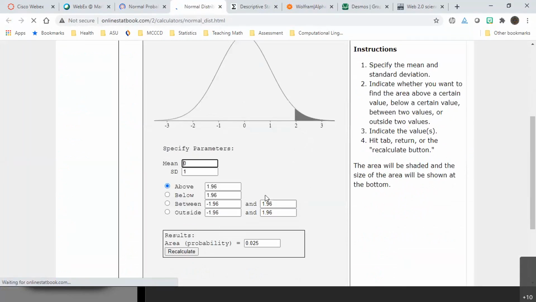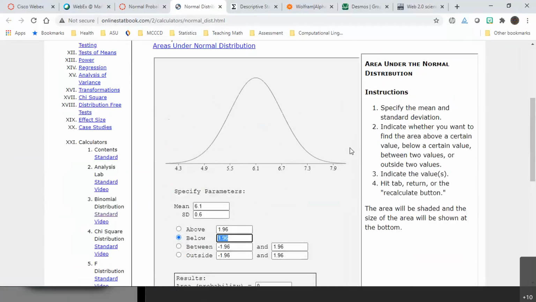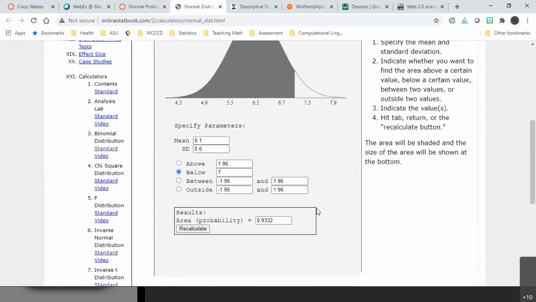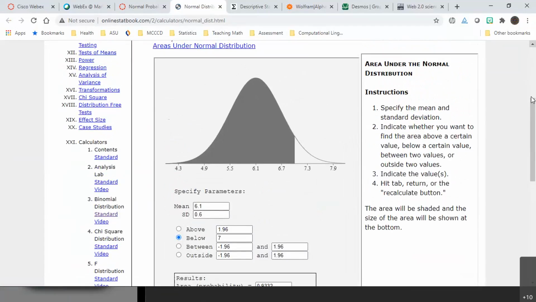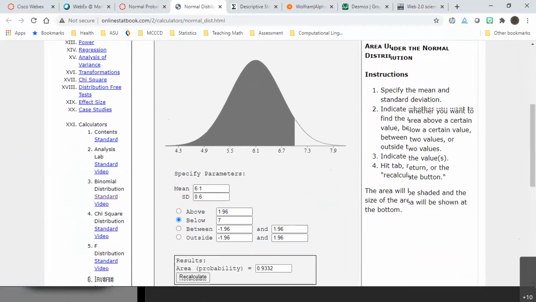Okay. And again, they gave me the mean size of one of their items was 6.1 inches. And the standard deviation was 0.6. And now I want to know what's the probability of being below 7 inches? Okay, what's nice about this is they actually give you a picture of the probability distribution.